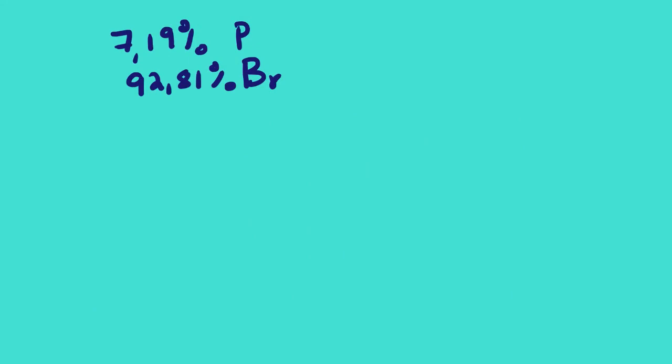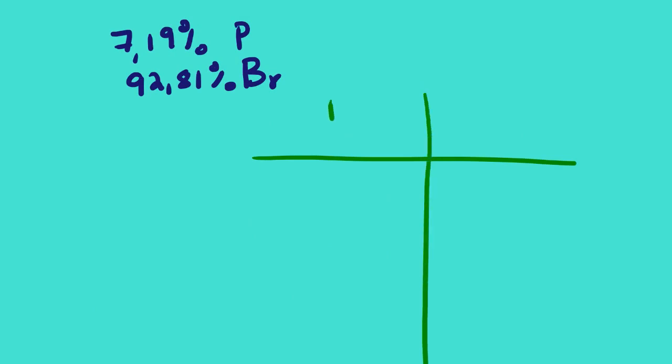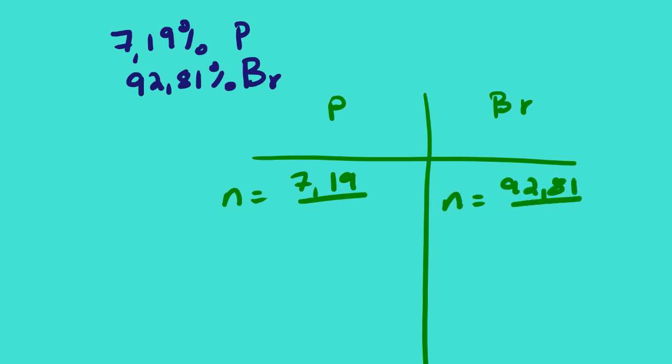Let us look at the last one. Pause the video, work it out, play the video to verify. So we have P and Br. So n is equal to 7.19 divided by, let us quickly do the same thing here, and 2.81 divided by, for phosphorus it is 30.97, for bromine it's 79.90.